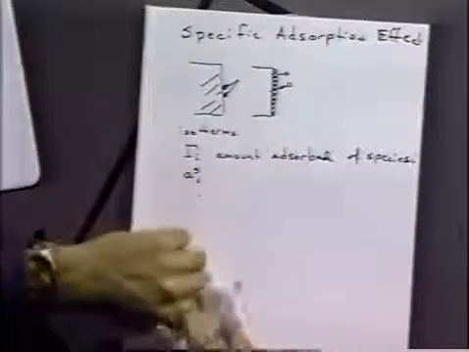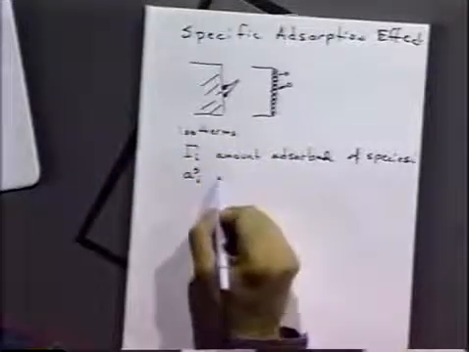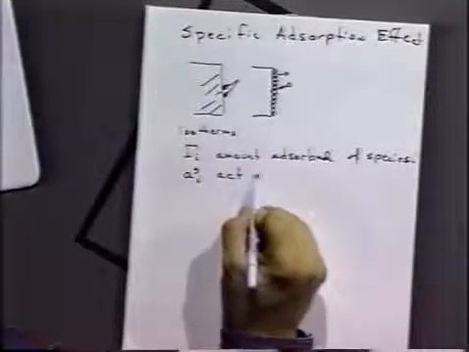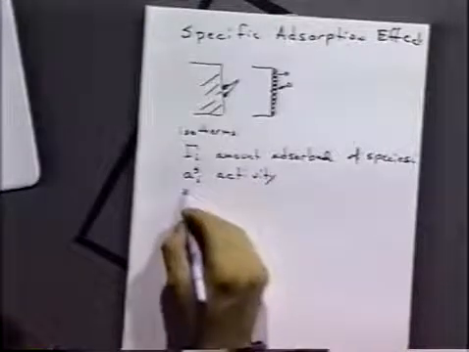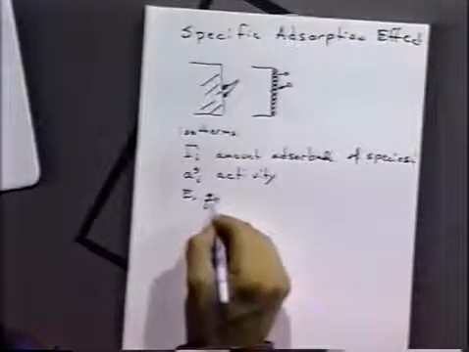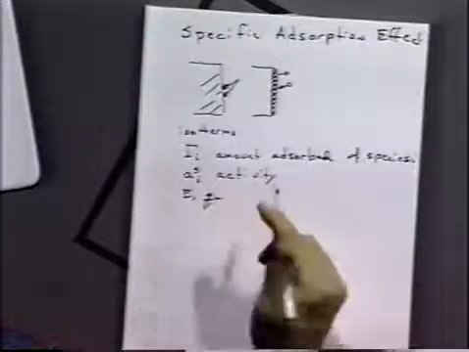So we have something adsorbing on the electrode surface. What's the activity, the concentration, of that species in solution? And the so-called electrical state. What's the potential of the electrode, or the charge, or the metal charge on that electrode?